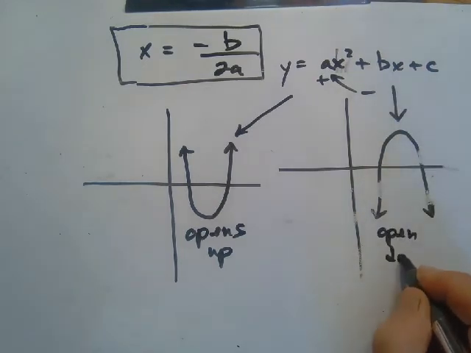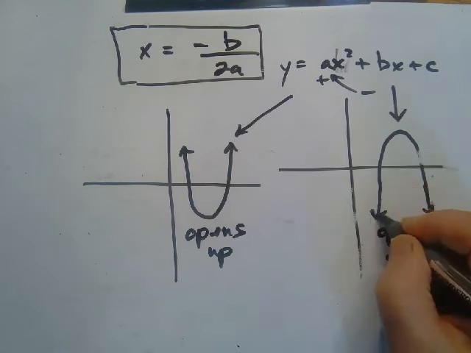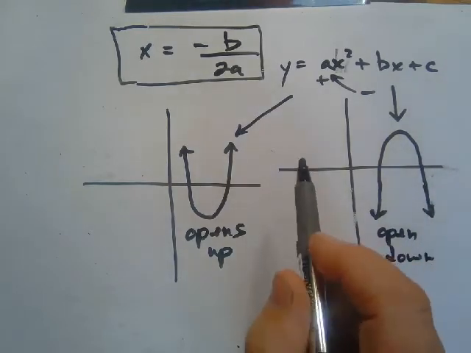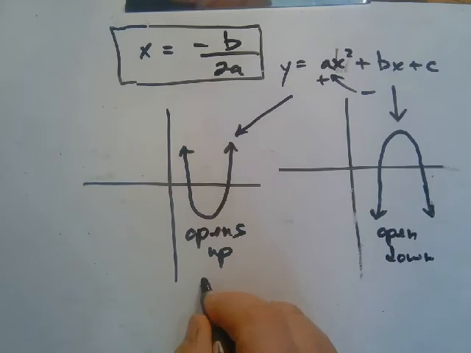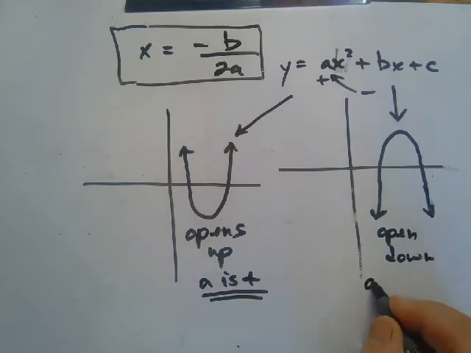See how it's opening down here, okay? And you can tell by looking at the equation what the a value is, whether the thing's going to open up or down. So that's kind of a critical piece. If a is positive, it opens up. If a is negative, it opens down.